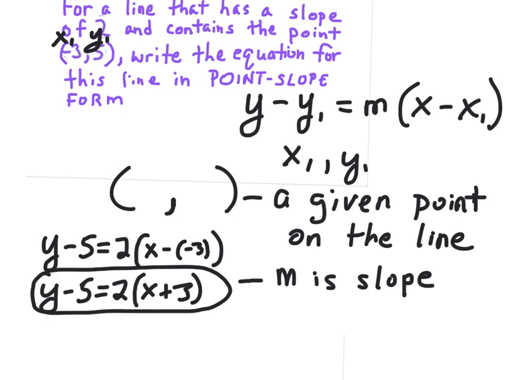What is the point of this method? The point of this method is that if I give you a point that's not the y-intercept, and I give you the slope, you'd have to go through multiple steps to get that into slope-intercept form. Whereas this, you have the equation immediately.